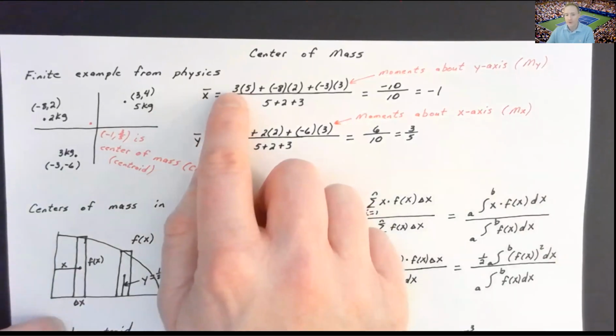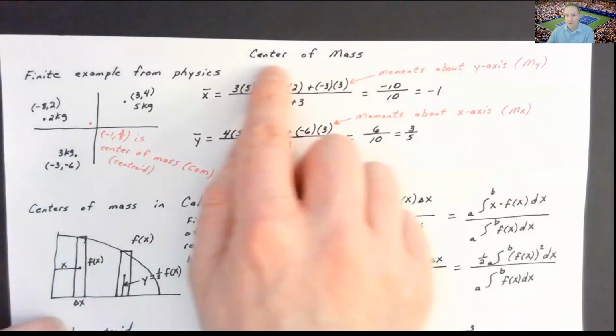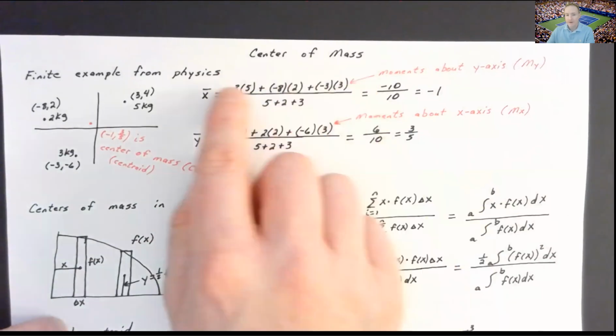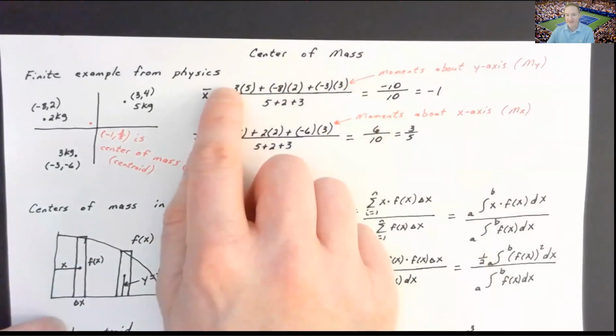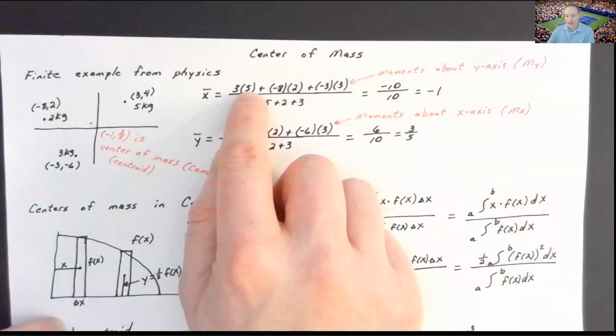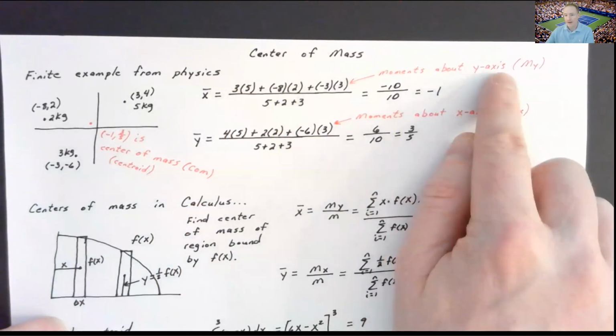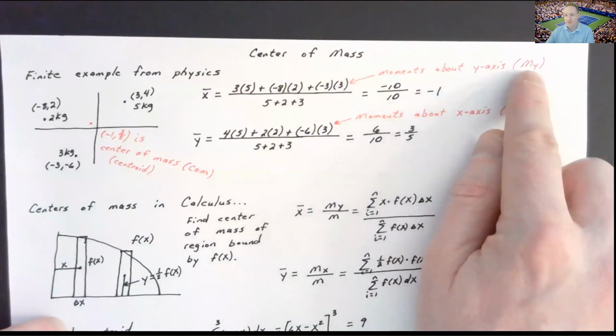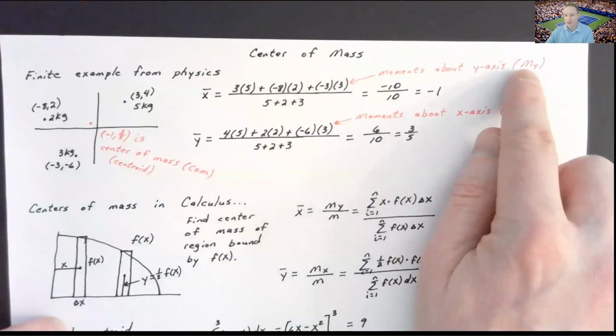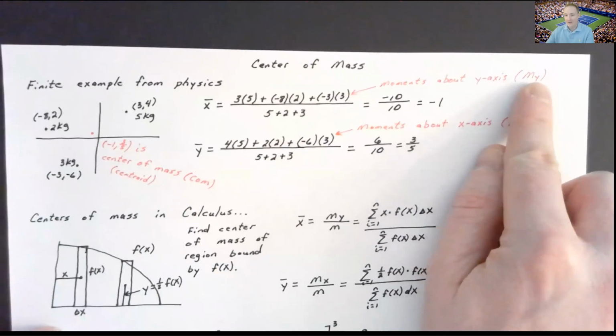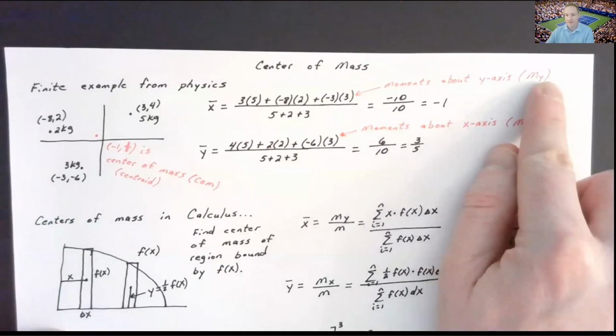Now, one other point I want to drive home here is that this numerator, that's measuring the sum of all of the distances times the mass at that distance, these are called the moments about the y-axis. We would use the notation M sub y for the moment about the y-axis there.